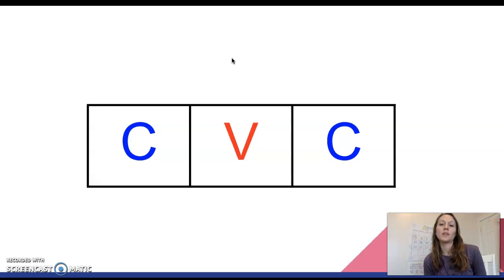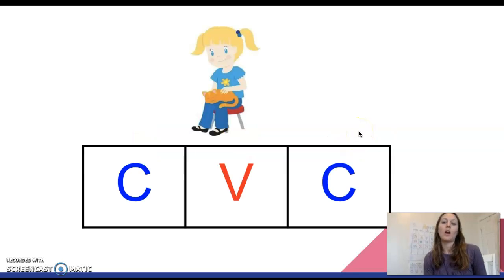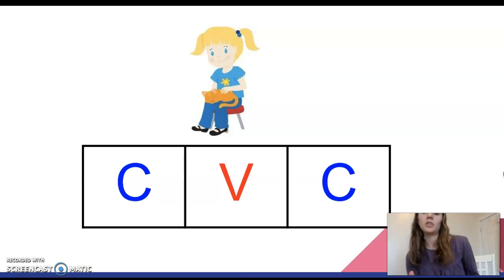So let's focus on CVC words. So CVC, we're going to be thinking about a consonant, a vowel, and a consonant. Our first word is lap. So I want you to either point to the screen like this or use your hand and stretch out on your hand. So I'm going to try and do both with you guys.